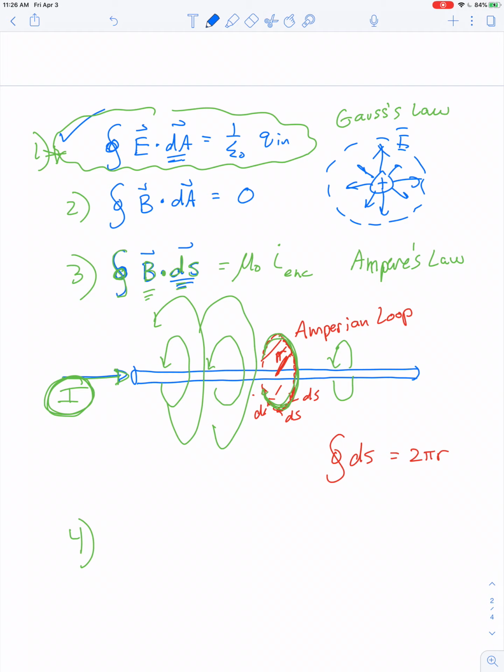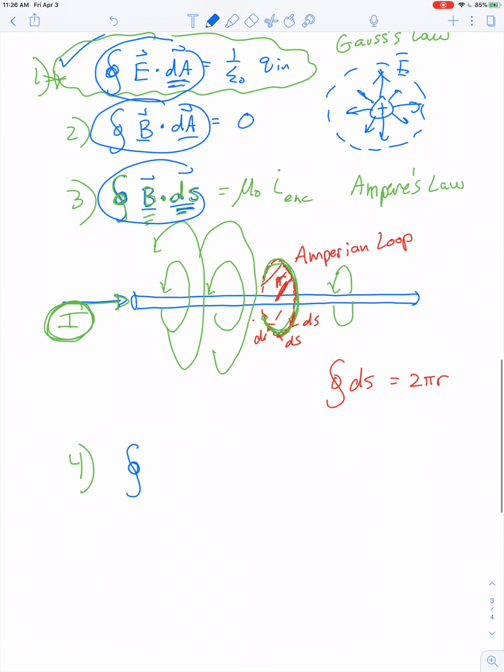Any ideas? We have an integral of electric field with area, an integral of magnetic field with area, an integral of magnetic field with path length. So what remains? Right, the integral, and once again, a closed loop integral, product of electric field and path length.